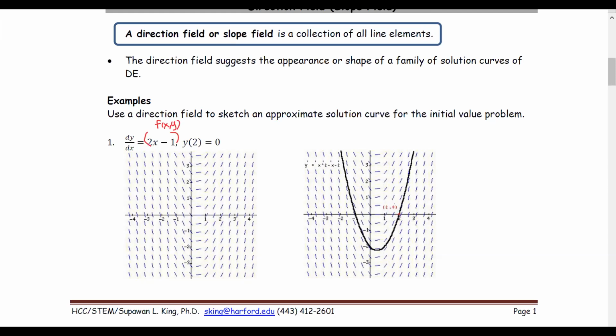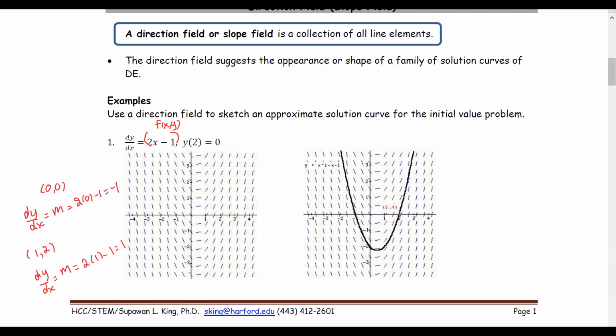For example, for the ordered pair 0, 0, dy/dx or the slope m would be 2 times 0 minus 1, or negative 1. For the ordered pair 1, 2, the slope at that point would be 2 times 1 minus 1, or 1.